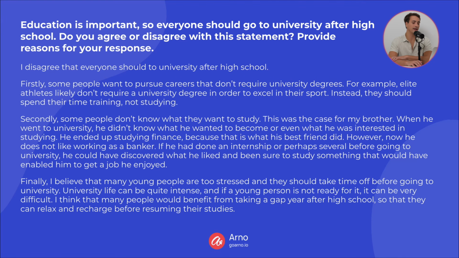Finally, I believe that many young people are too stressed and they should take time off before going to university. University life can be quite intense, and if a young person is not ready for it, it can be very difficult. I think that many people would benefit from taking a gap year after high school so that they can relax and recharge before resuming their studies.